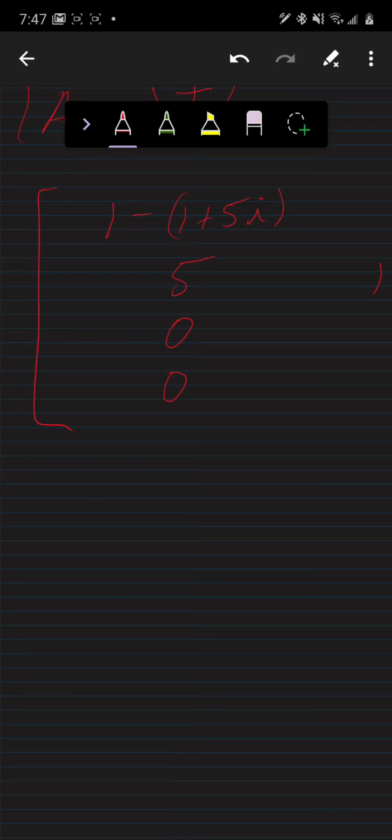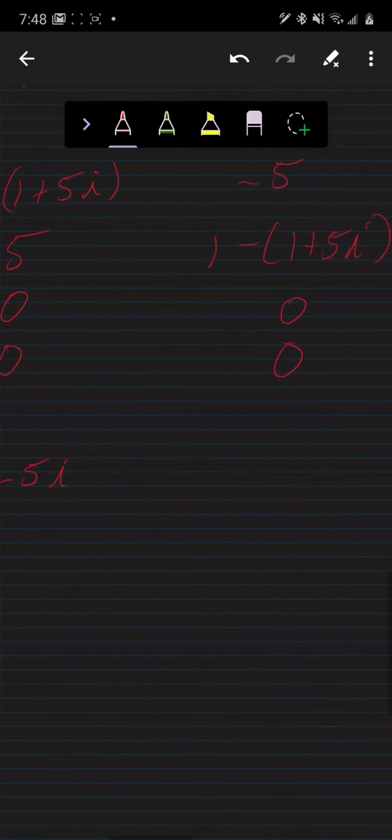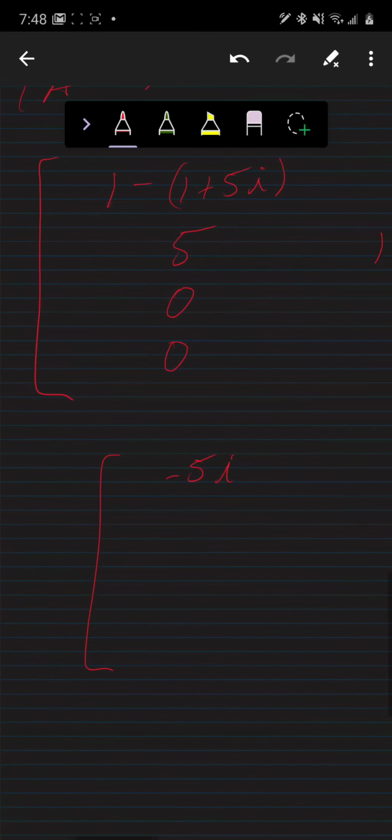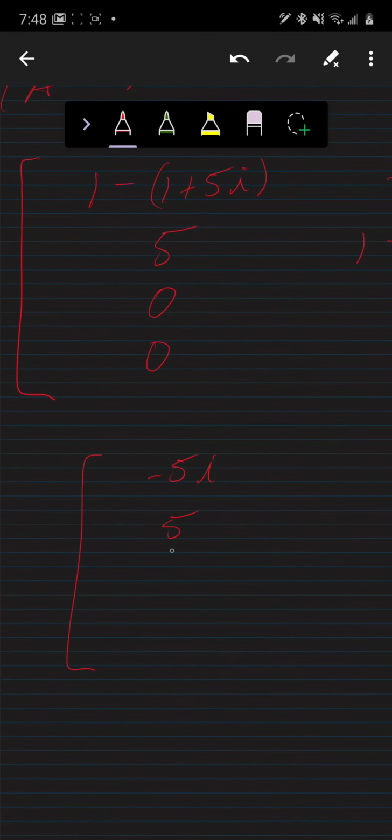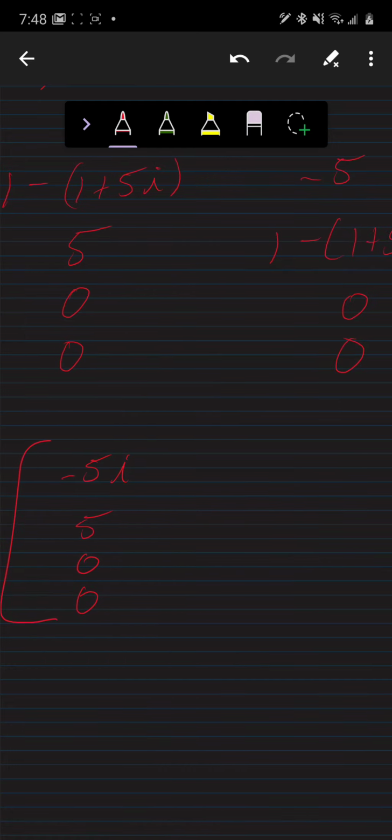This is going to be negative 5i. Since this is going to be the same for each one, it's negative 5i, 5, 0, 0. Let's make this bit smaller. It's going to be 5, and negative 5i, 0, 0.